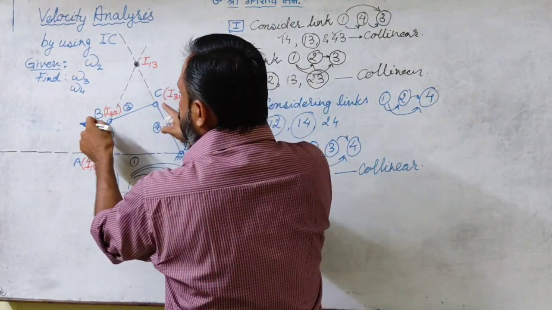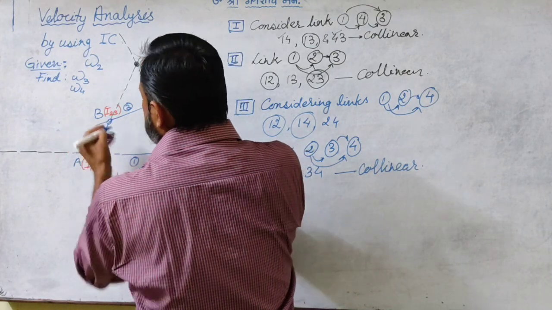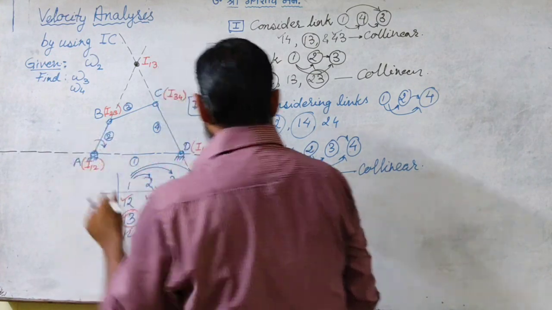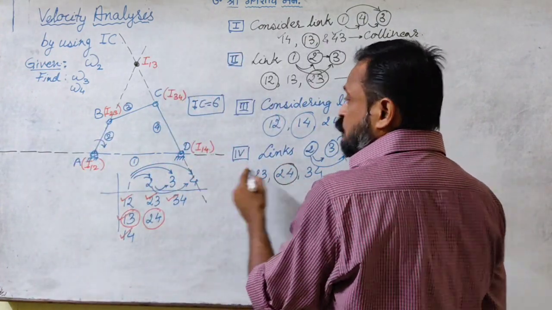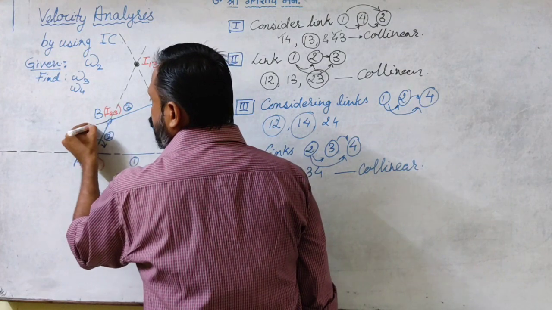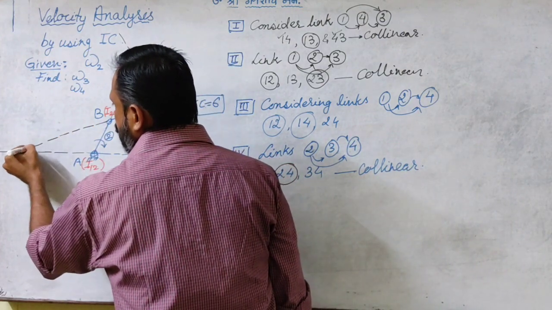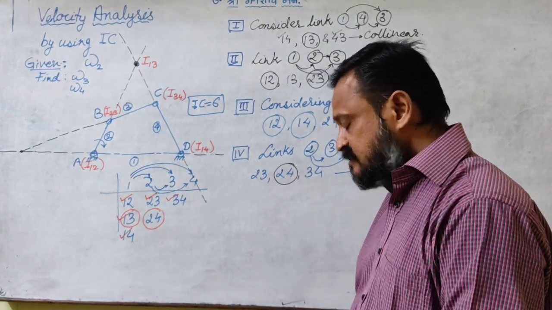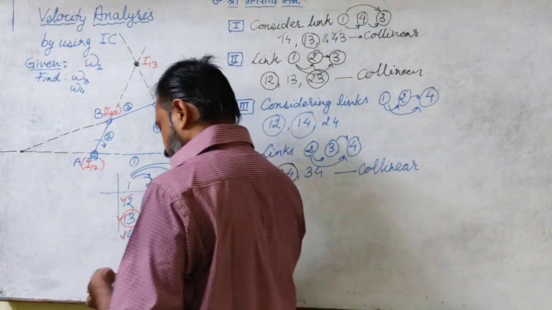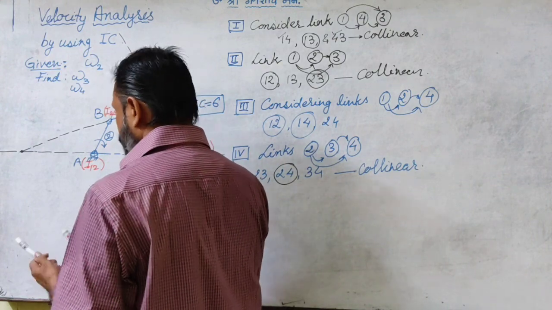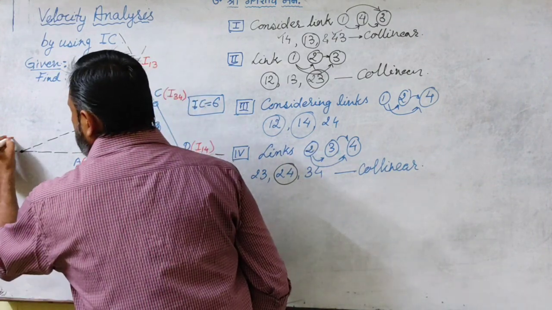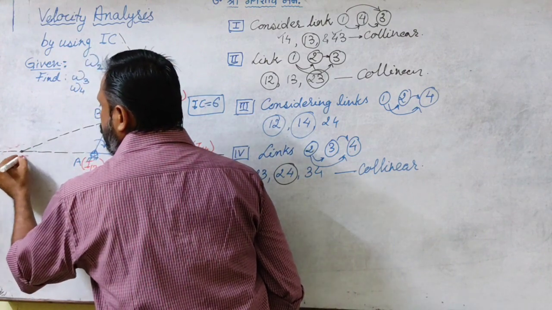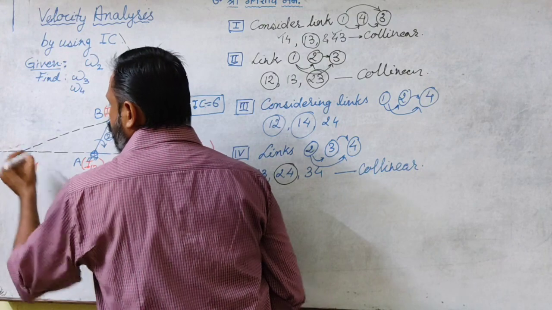So now if I join this line and extend it, it must be the locus for I 2,4. So we extend it and say it intersects here. So at this location we get the instantaneous center I 2,4.